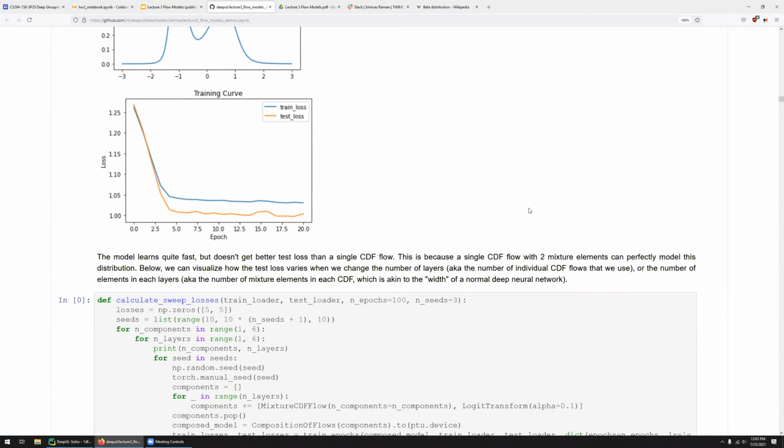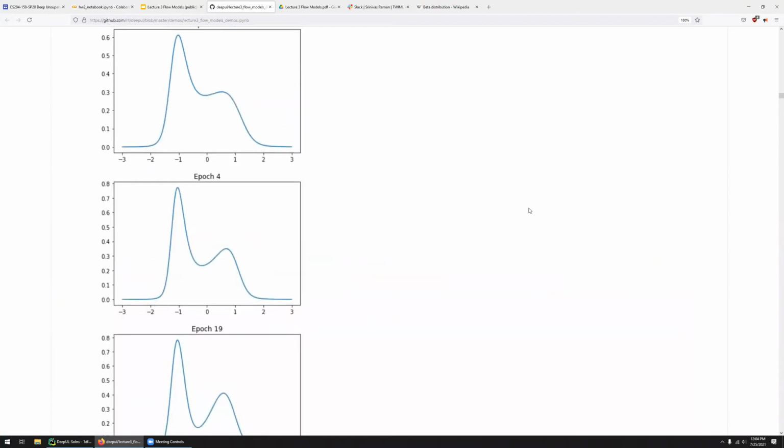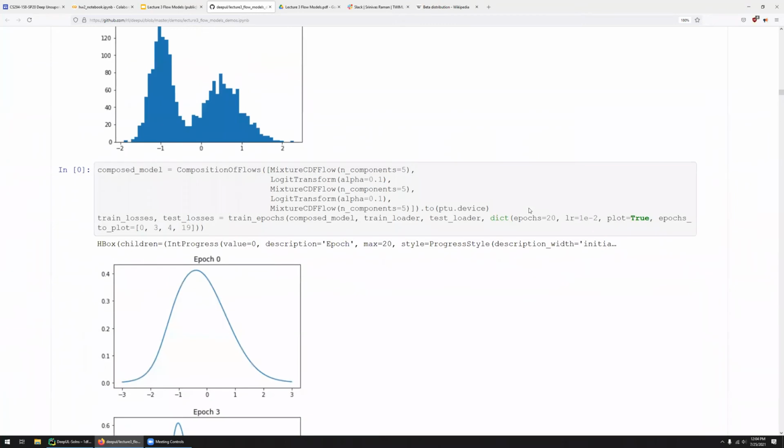Yeah. He is counting the logit transform and mixture as one layer. So this forms one layer instead of 2 layers. They go together. Yeah, that would be right, because it's like the linear followed by ReLU. That's the analogy at least I use in my head.